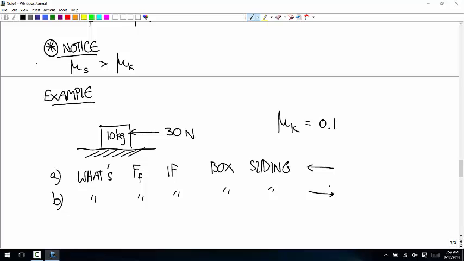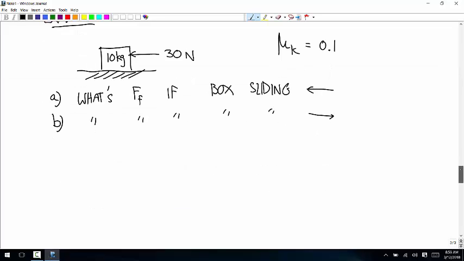This is the first time in any of our kinetics problems that we've had to know anything about velocity. But you can't do kinetic friction without knowing the velocity direction. In all the other problems we've done, what's the velocity been for our calculations?